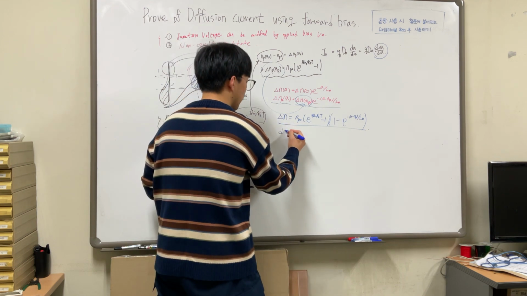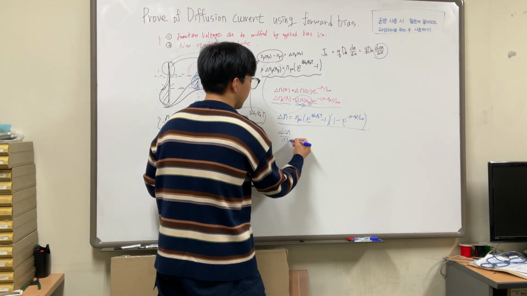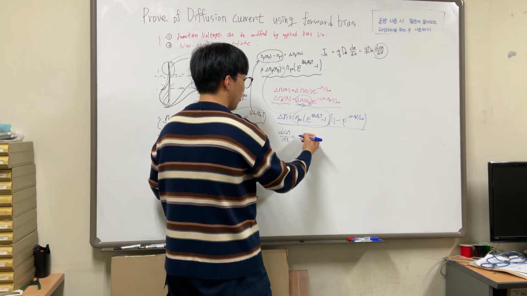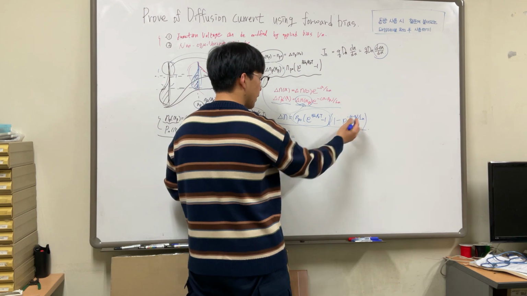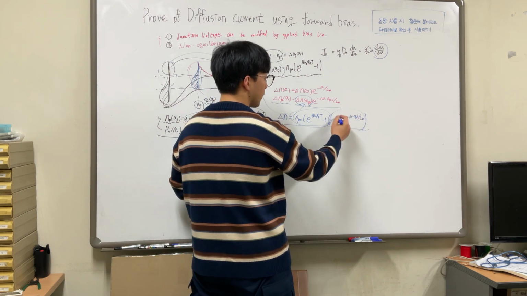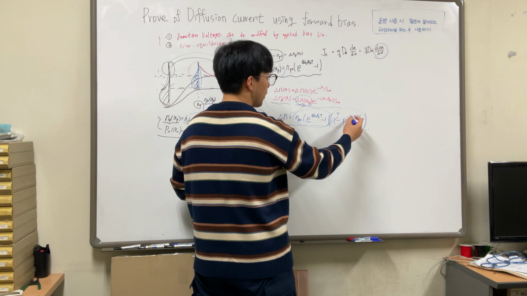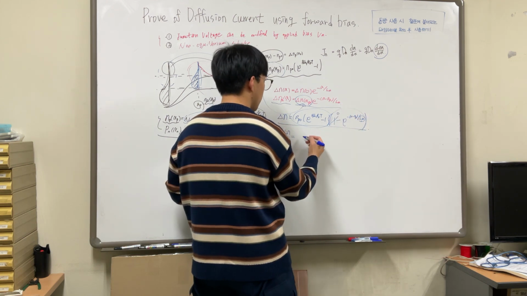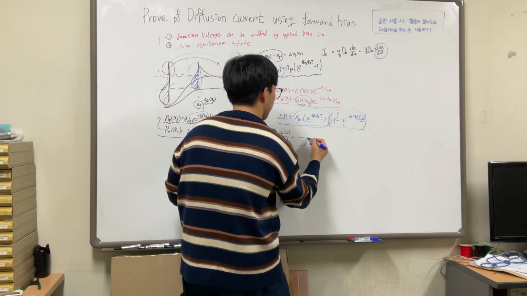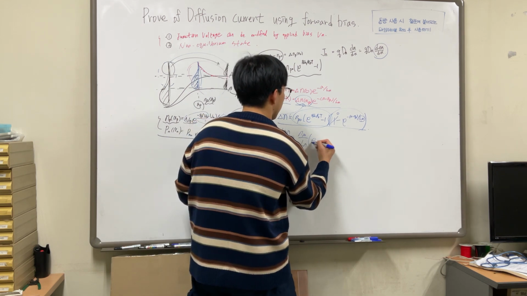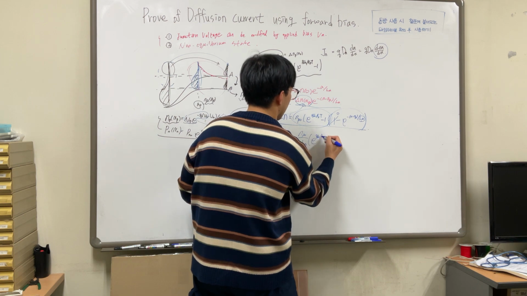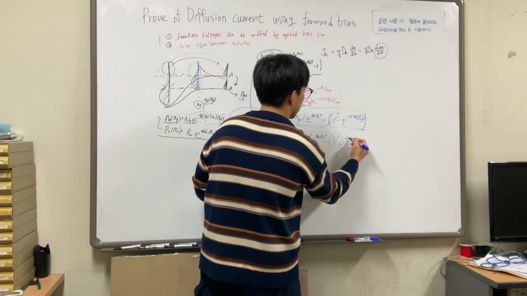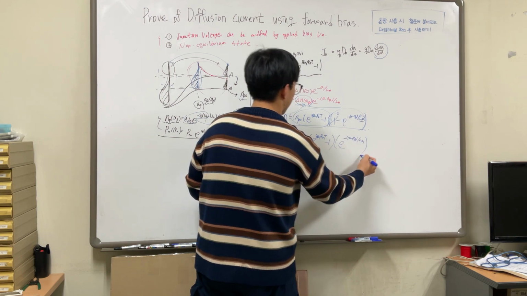When we calculate, this is the same as above, and if we differentiate, the constant becomes 0, and this will be the same as before, and the factor comes out. So we get NP0 exponential qVA over kBT minus 1 and e to the (x minus xp) over Ln.